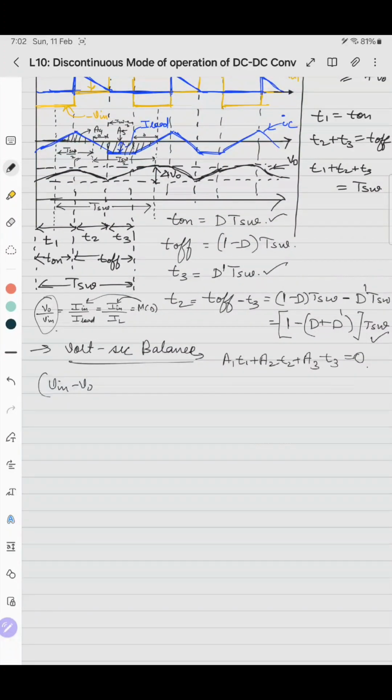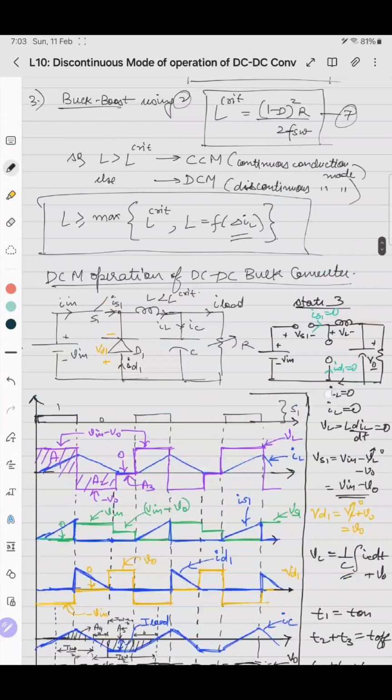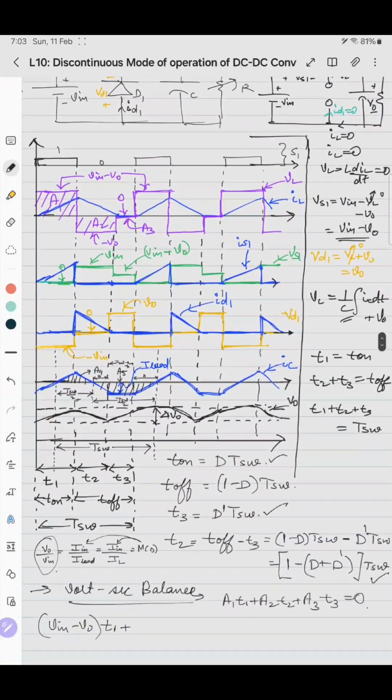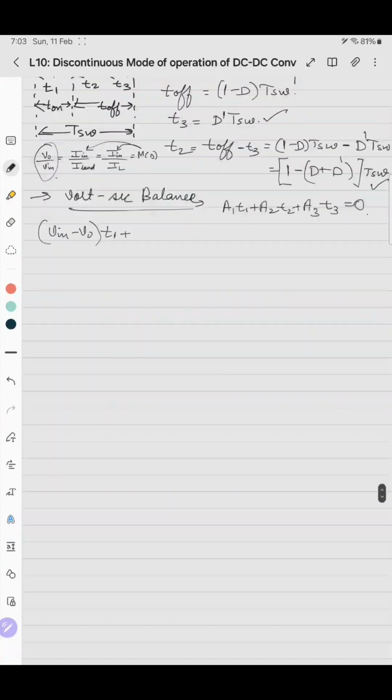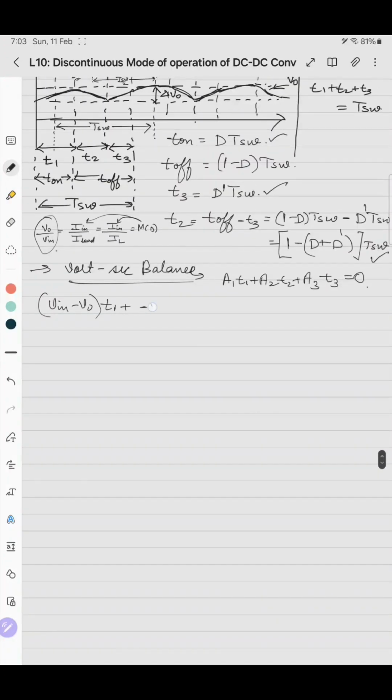V in minus V0 into T1, that is T on, that is D into T switching, or let me write it as T1. V in minus V0 into T1 plus A2. A2 is minus V0 into T2, minus V0 into T2 plus 0 into T3 equals to 0.